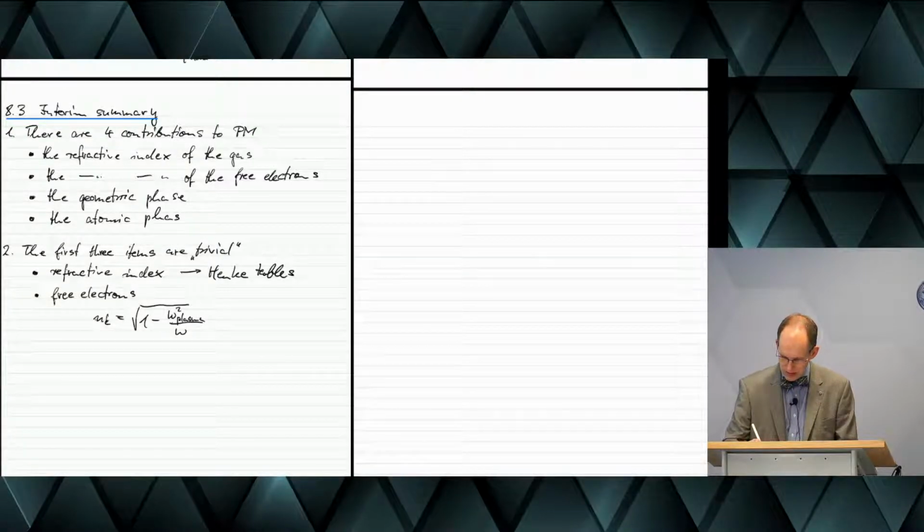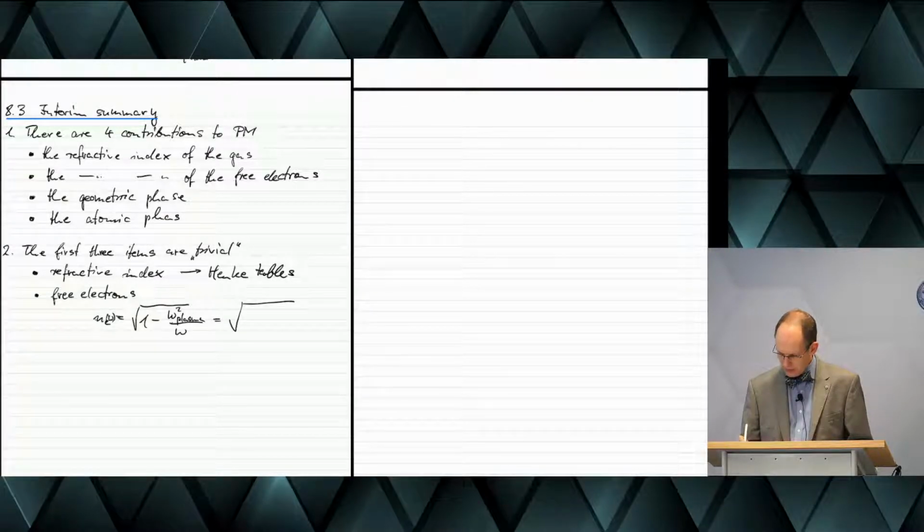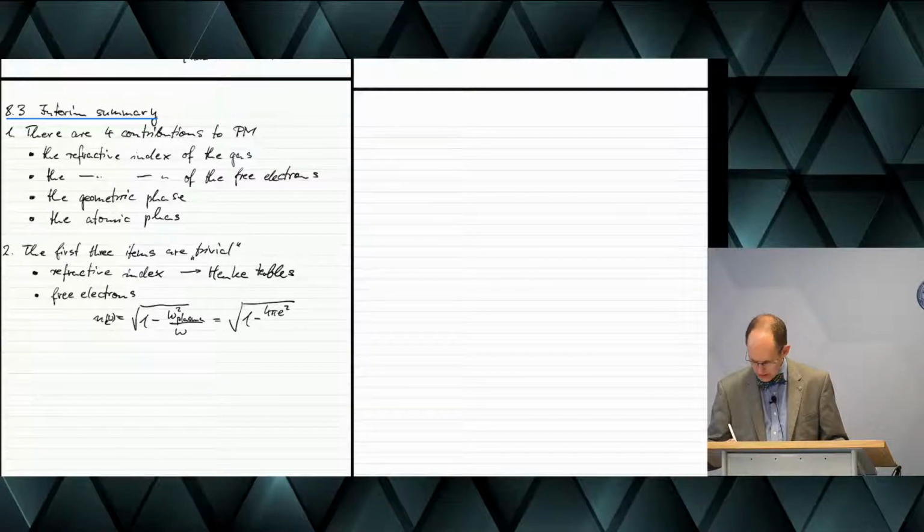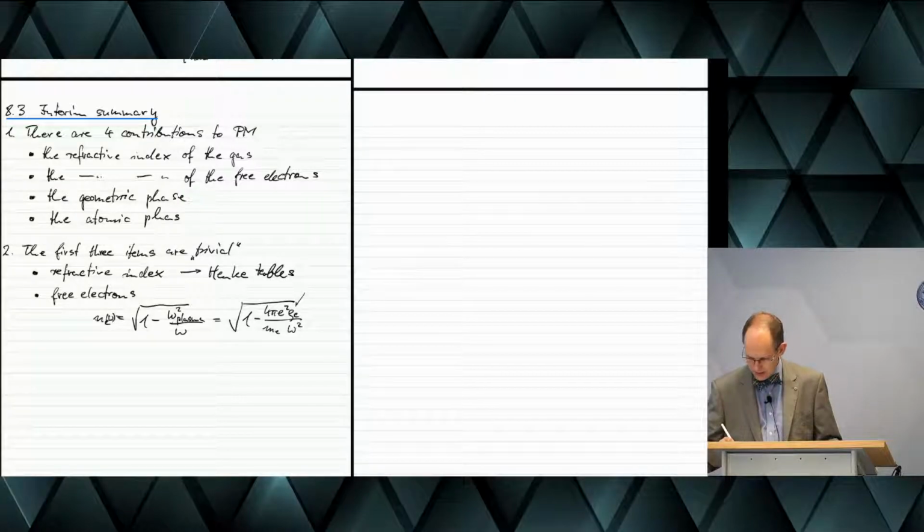So the refractive index is a function of omega, and the formula for the plasma frequency is 4 pi e squared times the density of the electrons, divided by the mass of the electrons, and omega squared still. So that here is the density of free electrons.